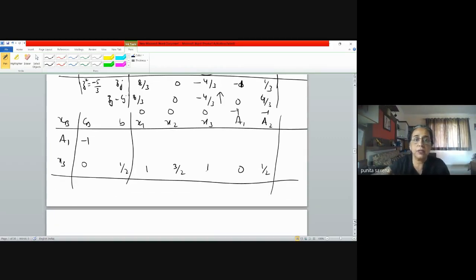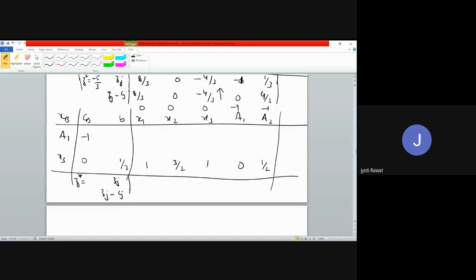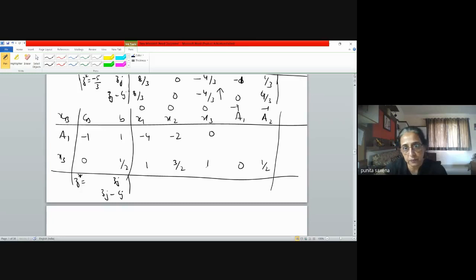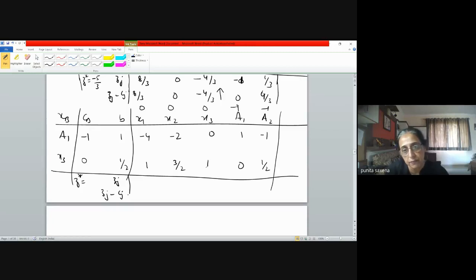Now see what will be the new values. 1, 1, minus 2, 0, 1, minus 1. That's right.